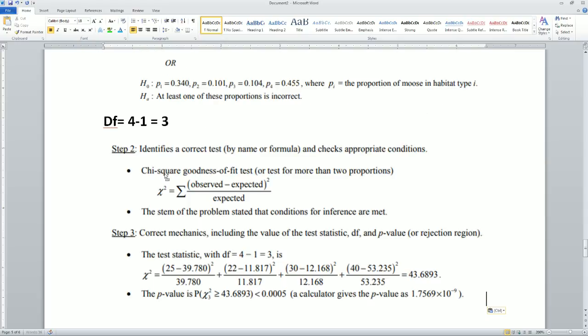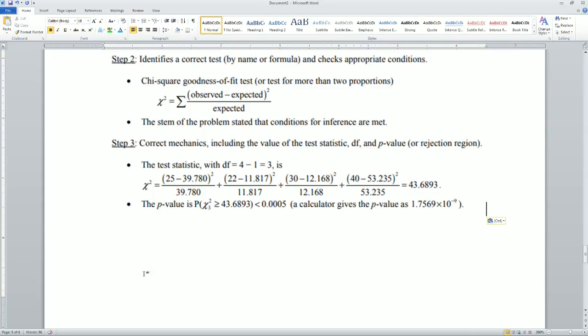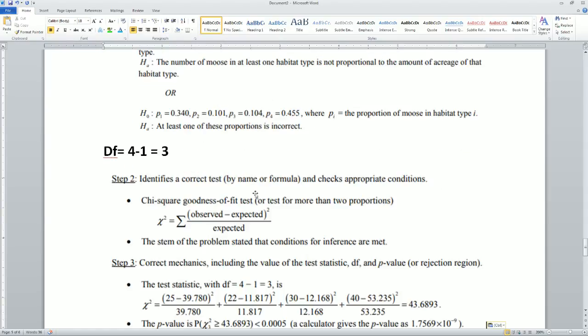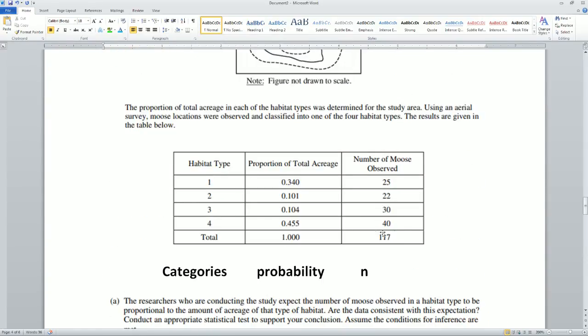Just in case some people might watch this video, because the website I'm using is my classroom website for all my kids: you already know how to do it, but everybody else, for the 39.780 and the 11.877, this expected value you're calculating comes from using this n. 117 times the probability will get you the first one. 117 times 107 will give you the second one.